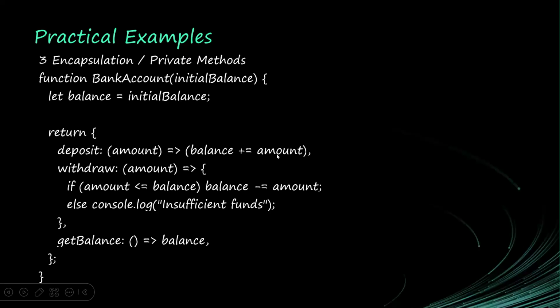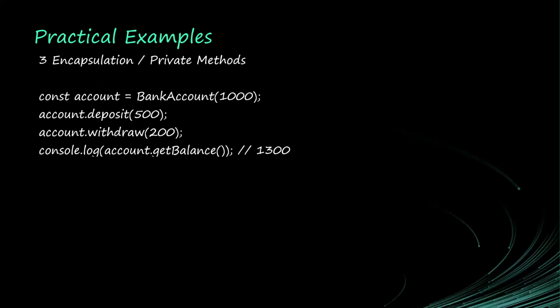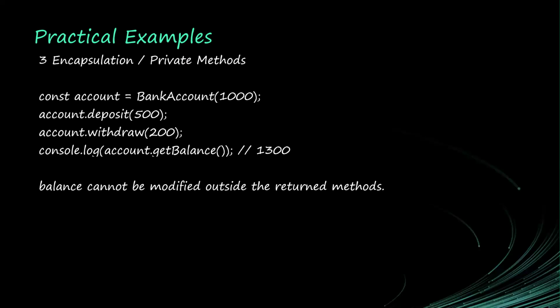All right. So this is exactly what we have done so far. The balance cannot be modified outside the returned methods. So this is data privacy. This mimics private variables in other languages like Java, C++, C Sharp.